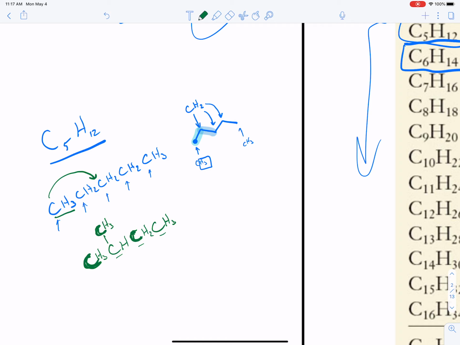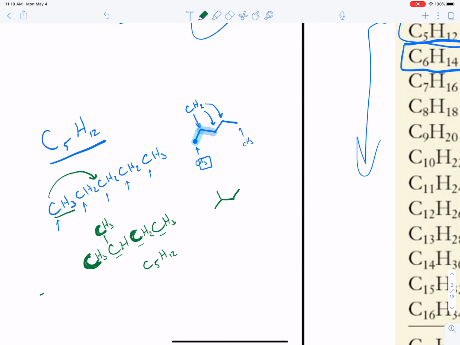Or if I draw it in the little zigzag structure that I have, there's this, like that. Well, if we count the carbons, we have 5 carbons and we have 12 hydrogens.